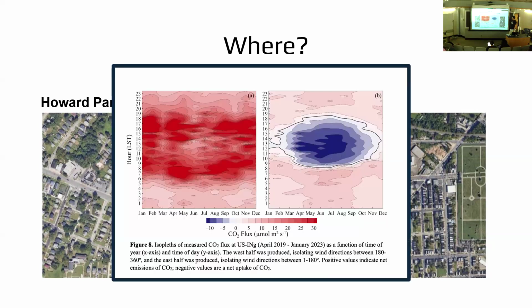What might we see? These are not up and running yet. This is a figure from a tower in Indianapolis where it's situated such that to the west of the tower, which is on the right-hand side, is a big residential area with a lot of trees. And to the east of the tower, on the left, is an industrial commercial area.